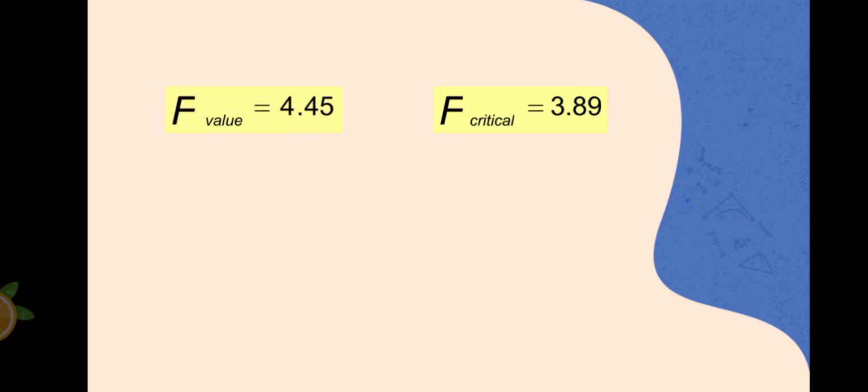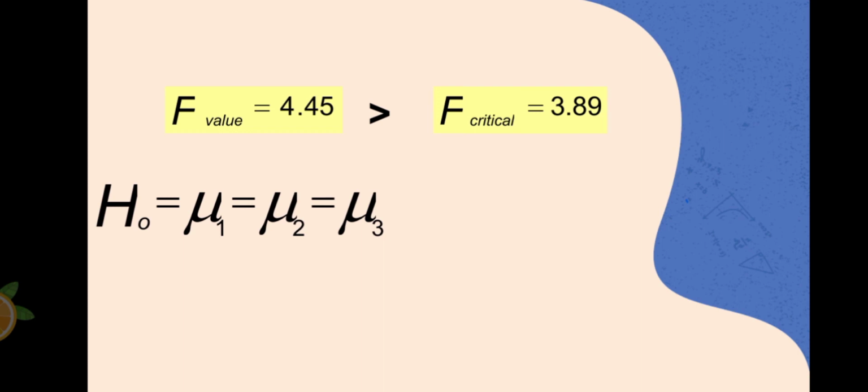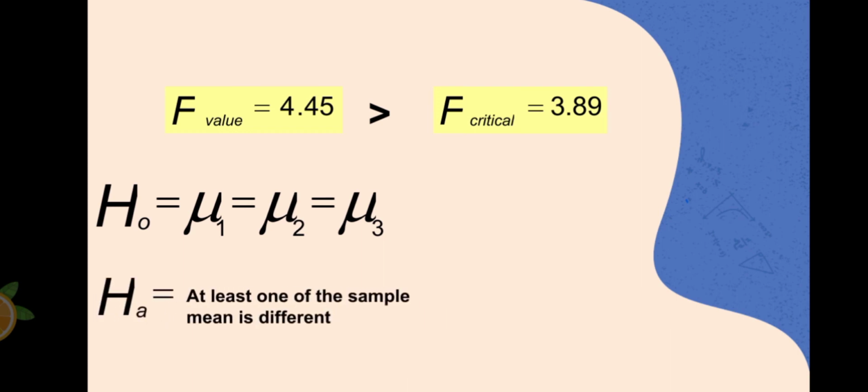So now, since we have the value of our F critical, which is 3.89, and the F value, which is 4.45, now we are going to interpret our hypothesis in the ANOVA test. So since the F value is greater than the F critical, and as you can remember, our null hypothesis says that sample means are equal, and our alternative hypothesis says at least one of the sample means is different.